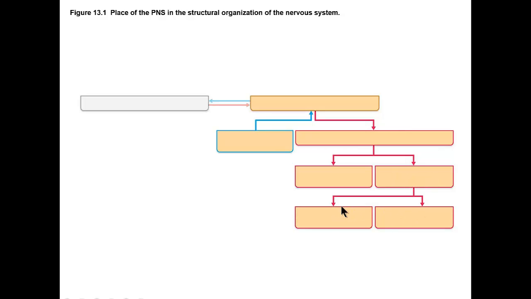And then the two branches of the autonomic nervous system. Parasympathetic, sympathetic. Now we've looked at this one several times in this note packet, but it's one of those that we need to constantly review to remind ourselves how this nervous system is organized.